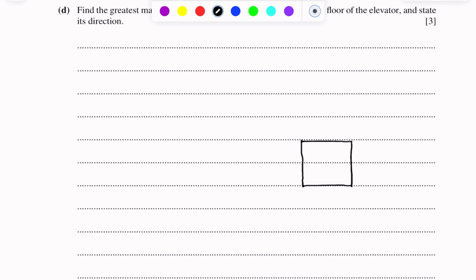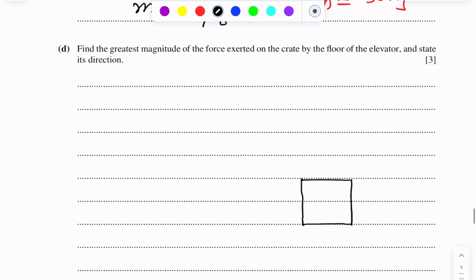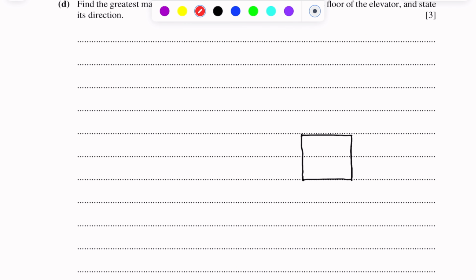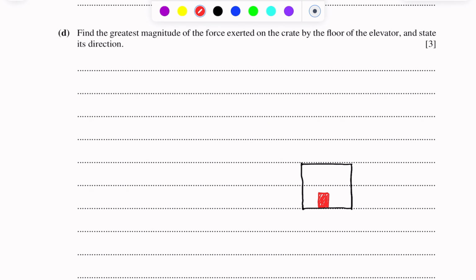Now this is the elevator. This is the mass of the crate. Now by Newton's third law of motion, the reaction of the floor of the elevator will be R Newton acting vertically upward.